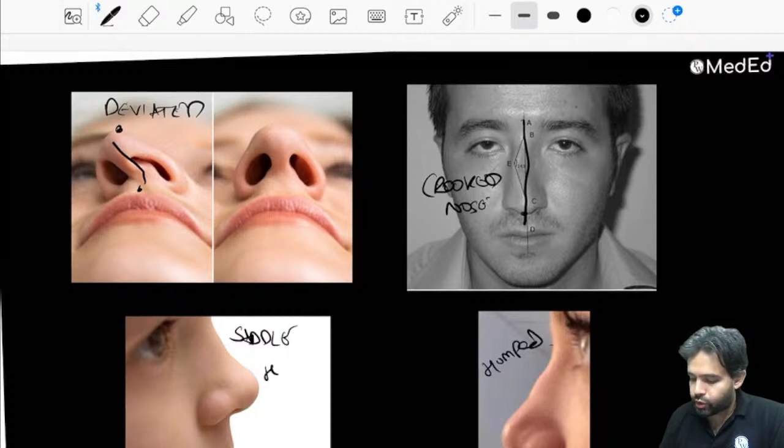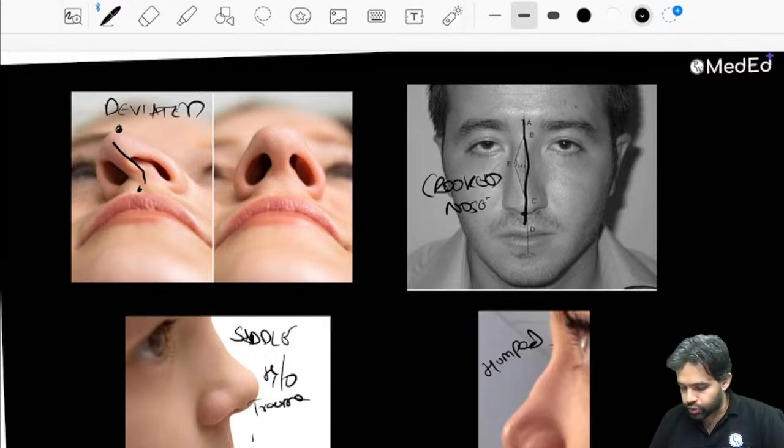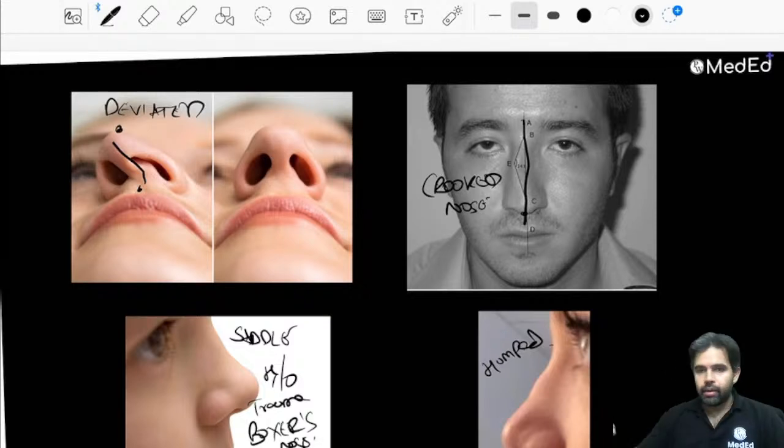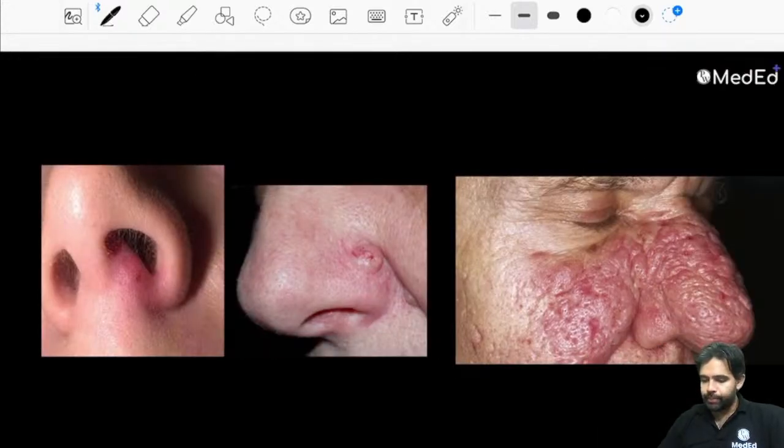Both will have a history of trauma. In fact, all of them will have a history of trauma, but this one is also known as boxer's nose, right? Because of the injury over here, and also then they develop septal hematomas and all of these. These are just very quick, simple image based questions. We won't waste too much time over here.